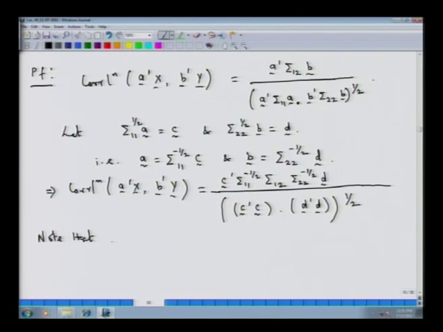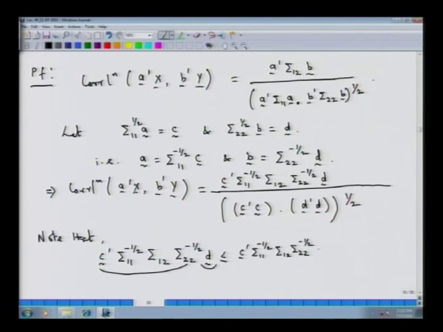Now, note that if we consider the numerator, which is C prime sigma 11 to the power minus half sigma 12 times sigma 22 to the power minus half times D, by using the Cauchy-Schwarz inequality, by considering this as one vector and this as the second part, this will be less than or equal to C prime sigma 11 to the power minus half sigma 12 sigma 22 to the power minus half times the transpose of that, that is sigma 22 to the power minus half multiplied by sigma 21 sigma 11 to the power minus half, this raised to the power half, that multiplied by D prime D whole raised to the power half.